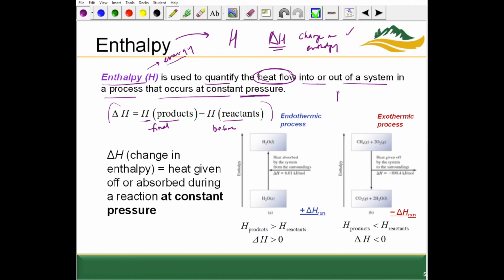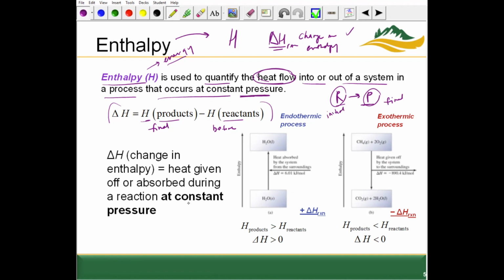All right, so we have our reactants going to products. To find the enthalpy change of a reaction, we want to look at the enthalpy of the products minus the enthalpy of the reactants. So still final minus initial, but now final we think of as the products, and initial we think of as the reactants.